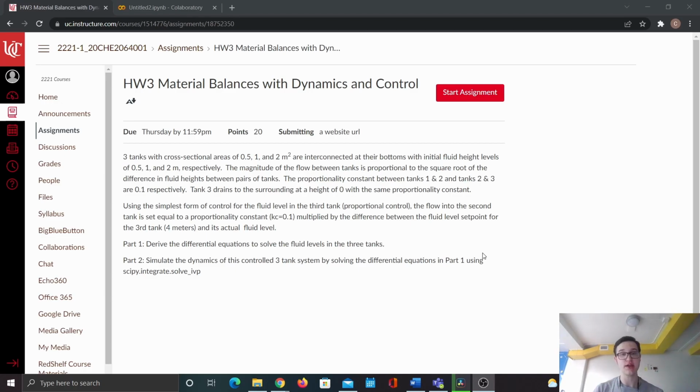Inputting those into the code, into the function, and then using solve IVP to take that function and switch the heights around, and then plot it on a graph to show, all right, over time, how do these heights compare?